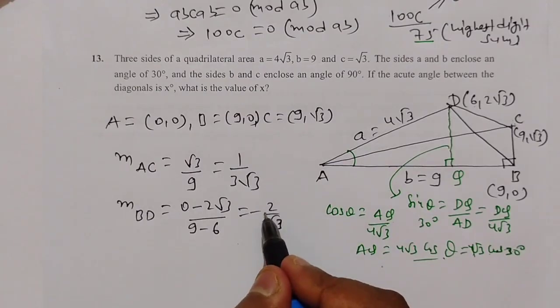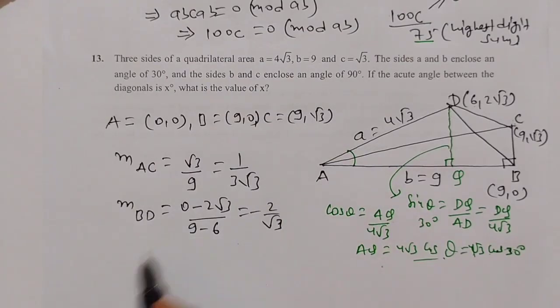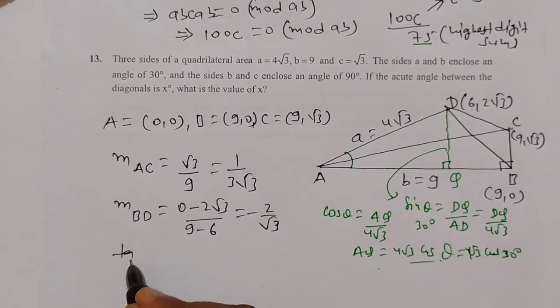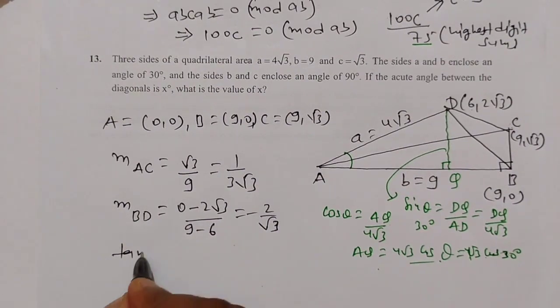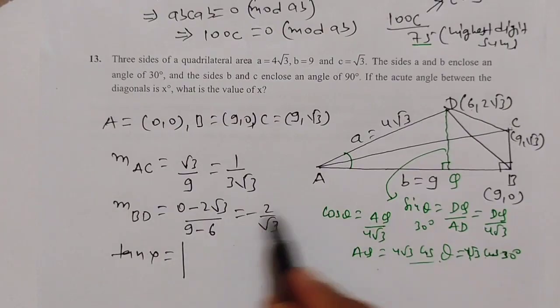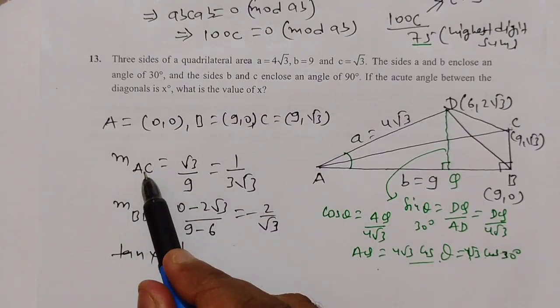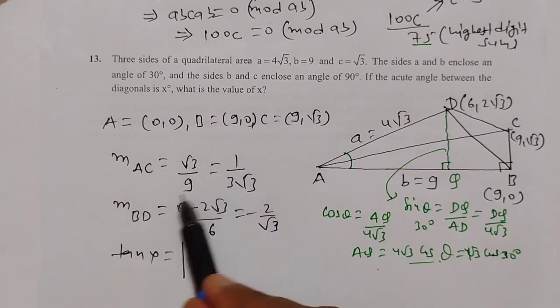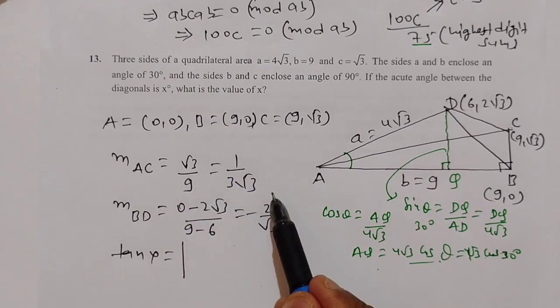So the slope is negative, and now we have tan x, where the two slopes are given, is the first slope minus second slope by 1 plus first slope into second slope.